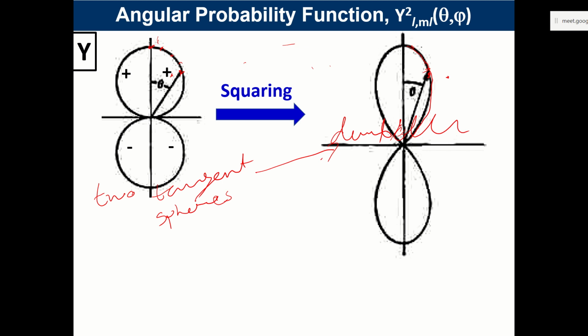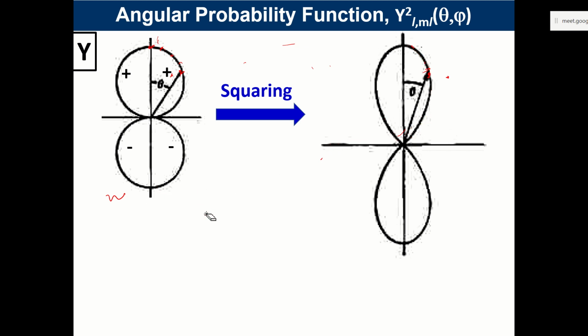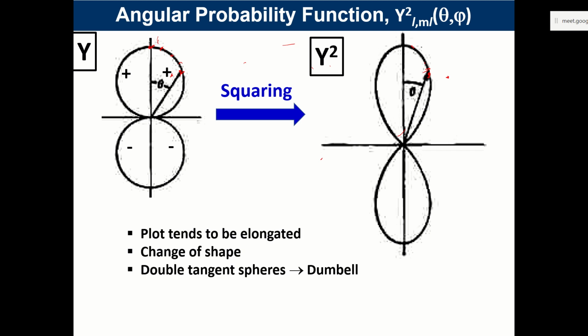So two tangent spheres is what is drawn in modern books. You will see whenever bonding is shown, anywhere a p orbital is shown. Dumbbell is only to indicate the electron density profile. So the plot tends to get elongated when you square it. And this is not very difficult.